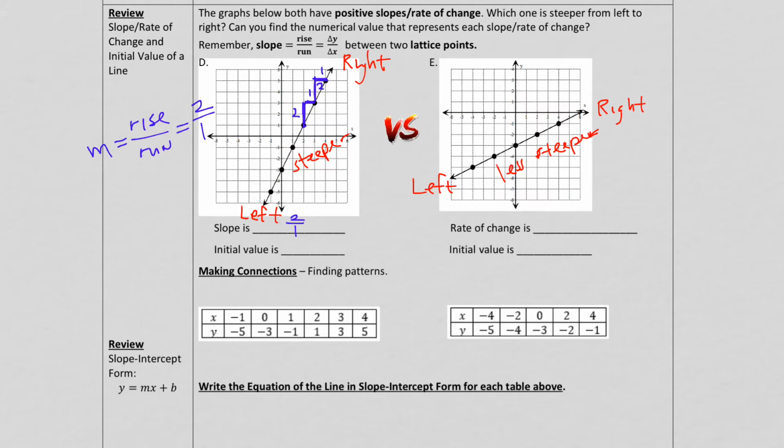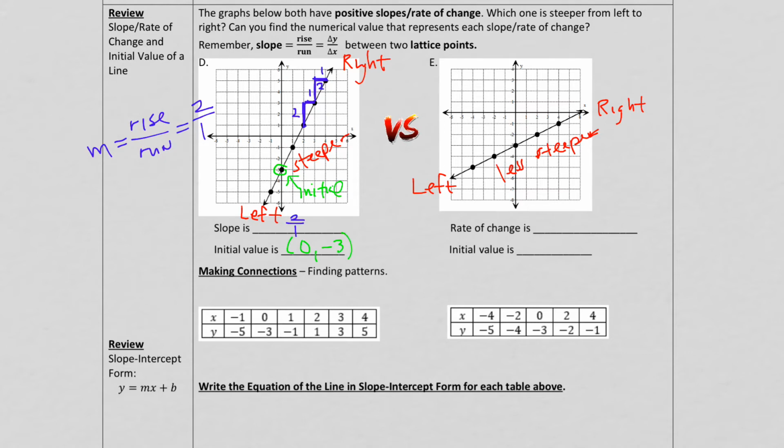Now to find the initial value, the initial value basically is where x equals 0. So when I look at the y-axis, you'll always find the initial value at the y-intercept. This will always be the point where the line crosses the y-axis. In this case, that's at -3. So here at -3, this is my initial value. So here it's going to be the point (0, -3).